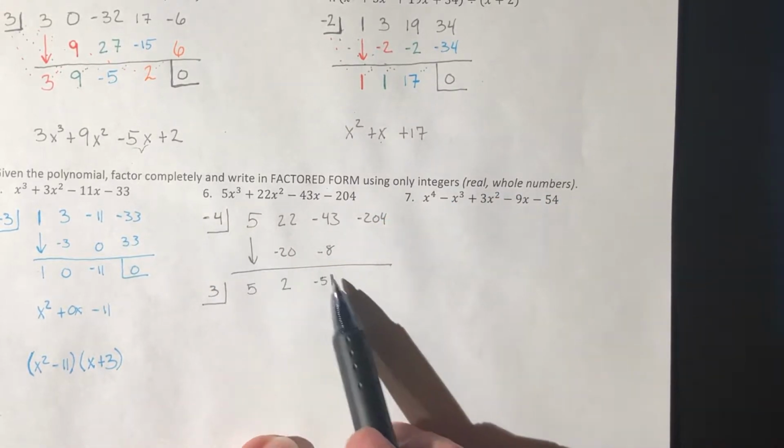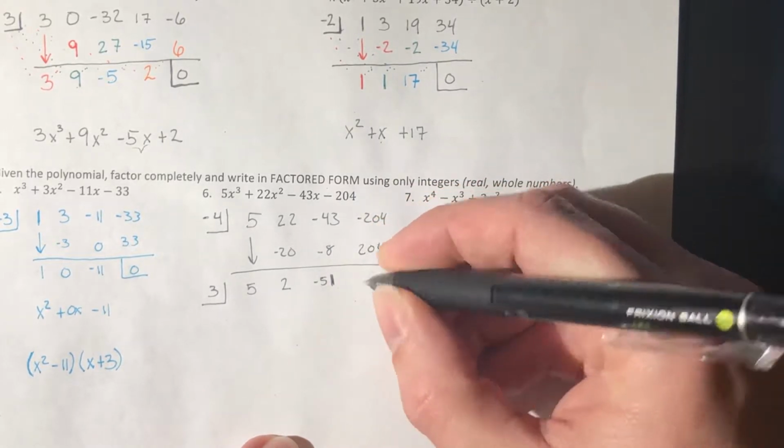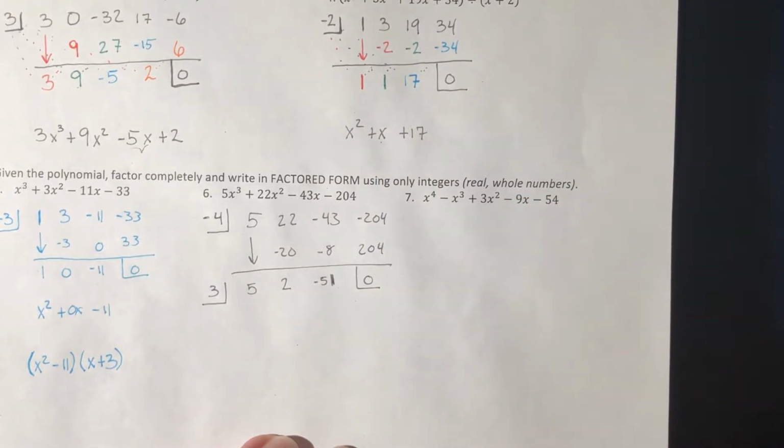And then -4 times -51 is positive 204, giving me a remainder of 0.